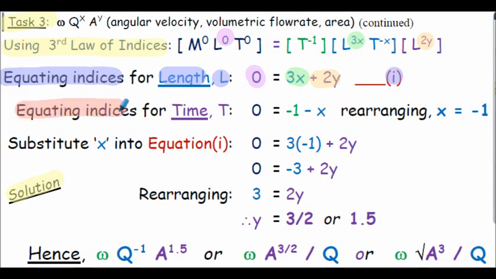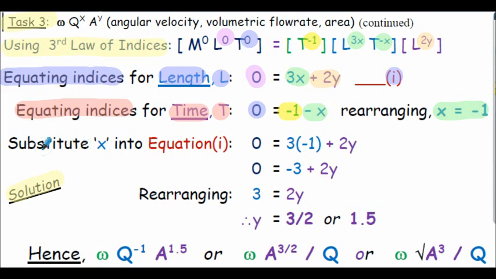Let's now equate indices for the time dimension T. So on the left hand side we have T to the power of 0. On the right hand side we have T to the power of -1, so -1. And T to the power of -x, so it's my -x on the right hand side. The one unknown, in one equation we can solve that. If we add x to both sides of the equation, we find that x is equal to -1.